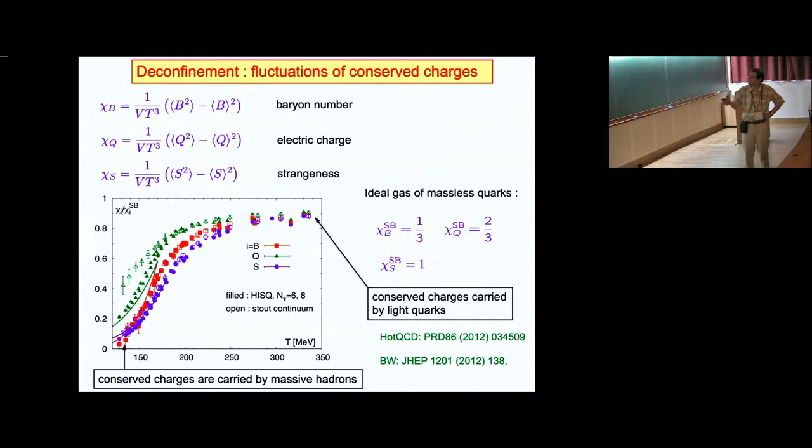So the baryon number fluctuation is just 1/3, electric charge is 2/3, and strangeness is 1. So if I normalize by this, what I see is that all the fluctuations calculated on the lattice in this normalization approach 1 at high temperature, which means that at high temperature, the conserved charges are carried by light quarks, as you would kind of naively expect.